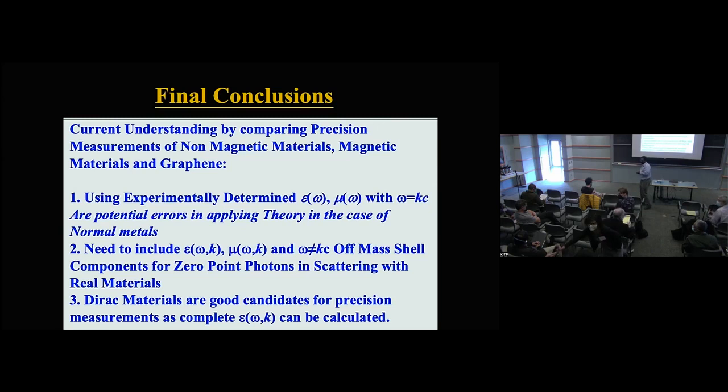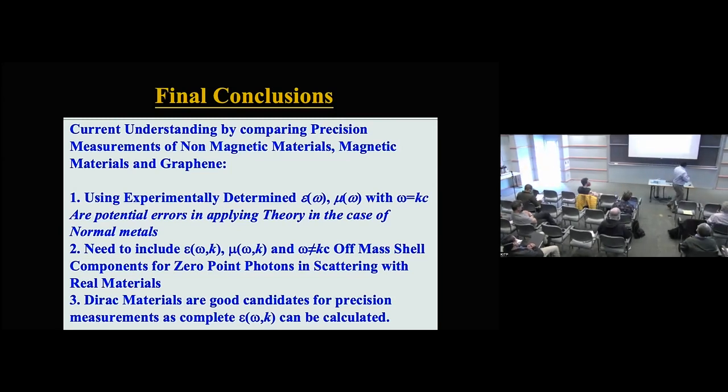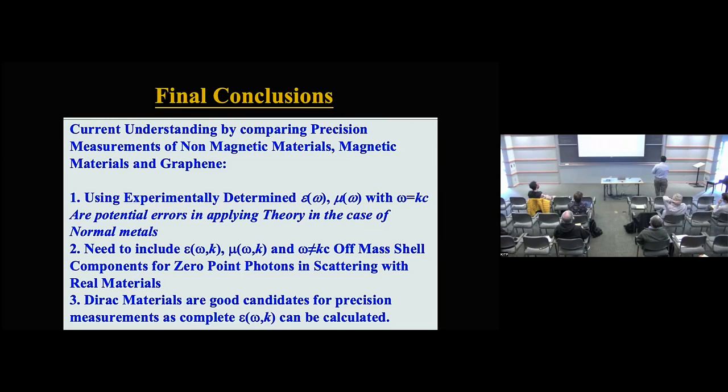I have a remark over here. Item number 2 on your slide says epsilon of omega k and mu of omega k. There is a theorem in electrodynamics of continuous media that says that having epsilon as a function of omega and k is equivalent to having magnetic permeability.